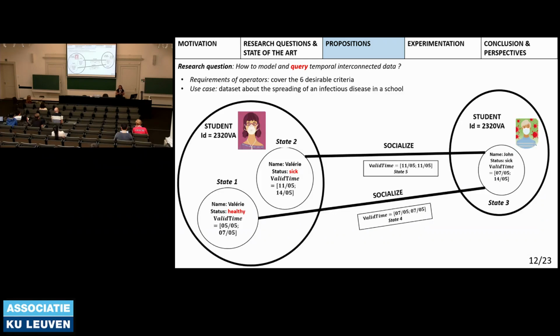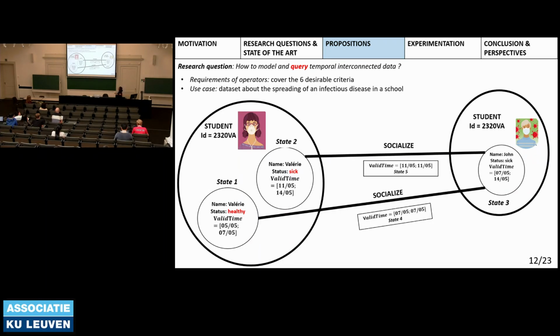So to cope with the lack of existing solutions, our operators must cover the 6 desirable criteria we mentioned before. So to validate these 6 criteria, we will consider the use case of a dataset about the spreading of an infectious disease in a school environment.